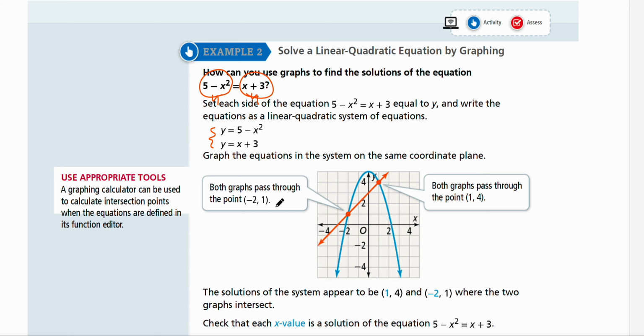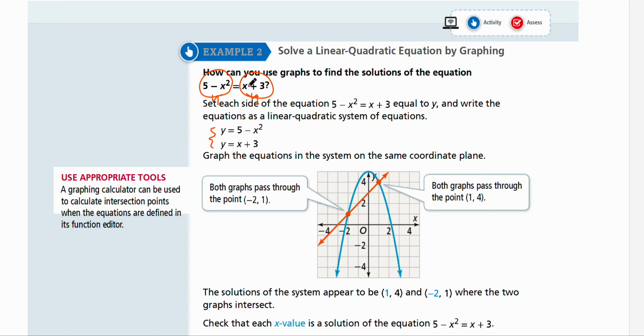So is our y value our solution or the x value? Well, we're looking at this equation and graphing each expression as y, right? So this whole graph is representing the function y. But then in this equation, we're actually solving for x.